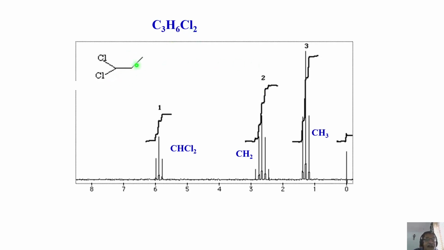But that is not all. This CH2 is also coupled to the CH proton. What does it mean? What will happen now? If you look at this quartet, each line of this quartet is further split into a doublet because of the CH proton.